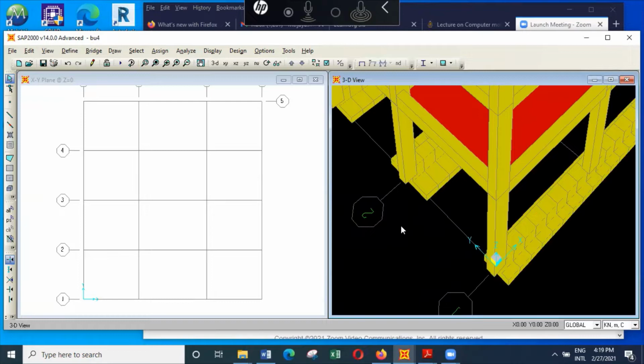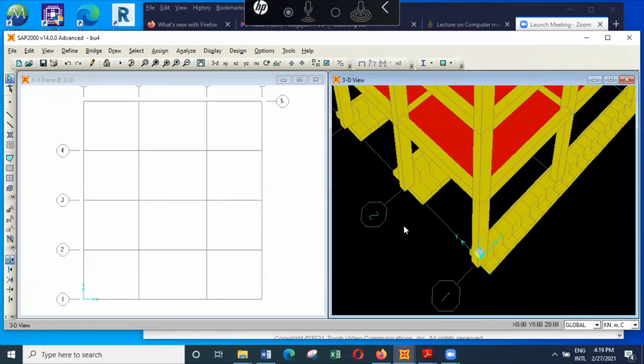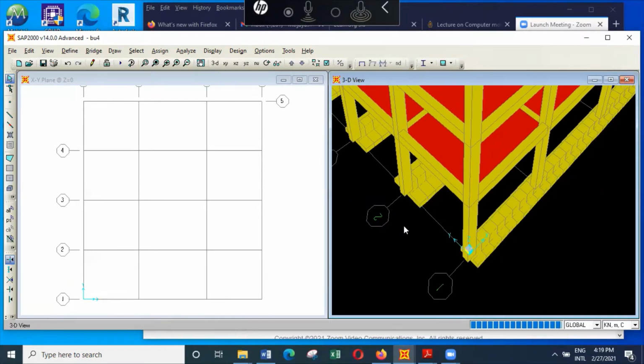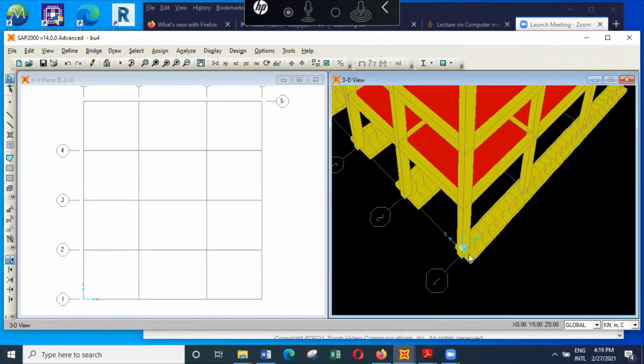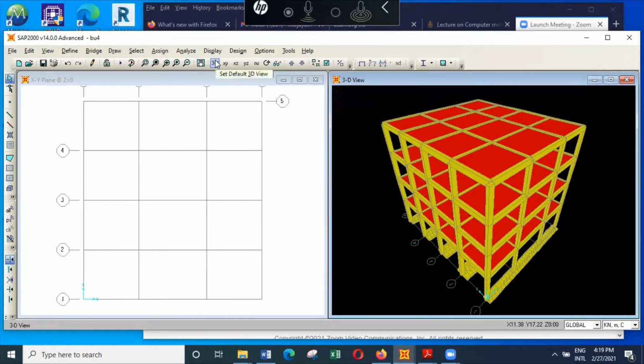It was just a graphical problem. So you can see it's all okay. So now the model is okay, except that I have not allocated the spring constants.